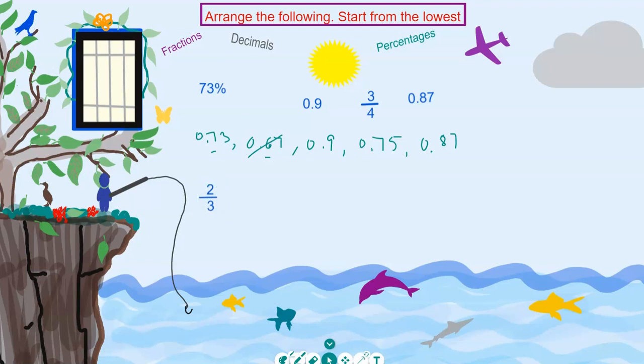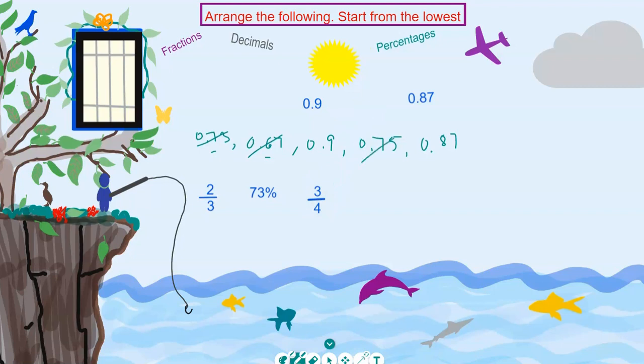So you have 0.73, 0.9. So 0.73 is smaller, and the rest are bigger. So that is 73%. So 73% follows 2/3, and we're just going to cross that out. Next one, you have 0.9, 0.75, and 0.87. So the next smallest one is 3/4.